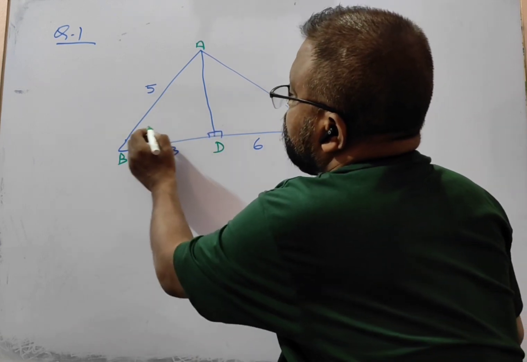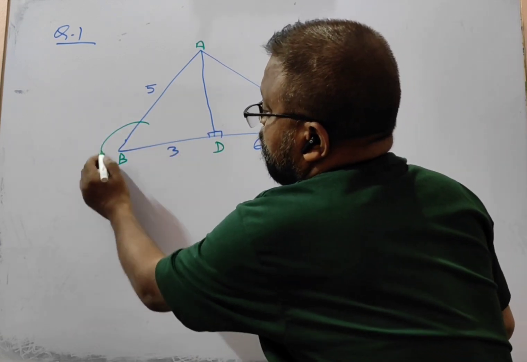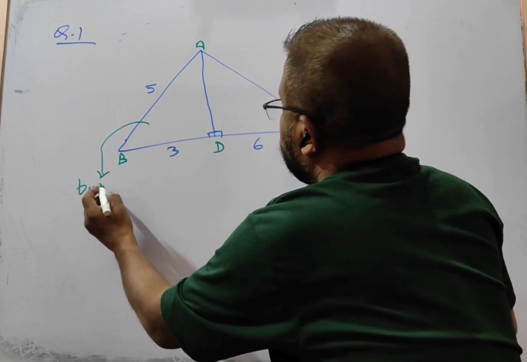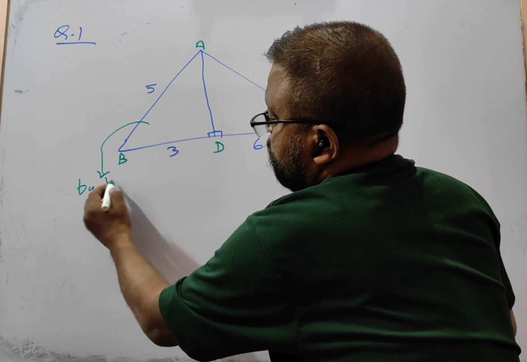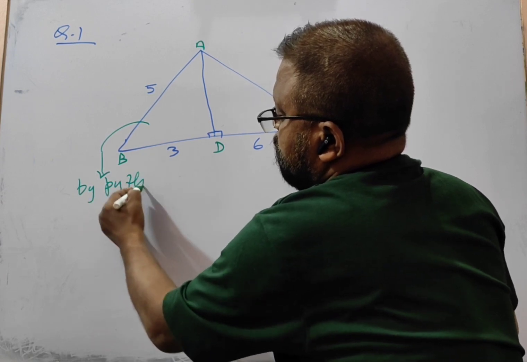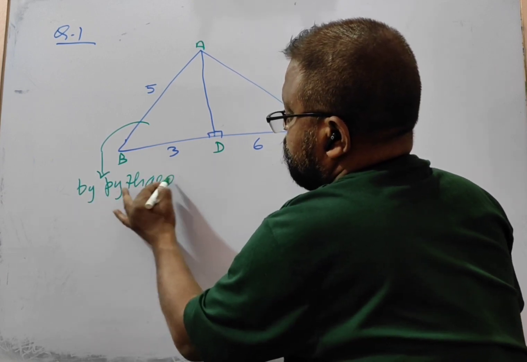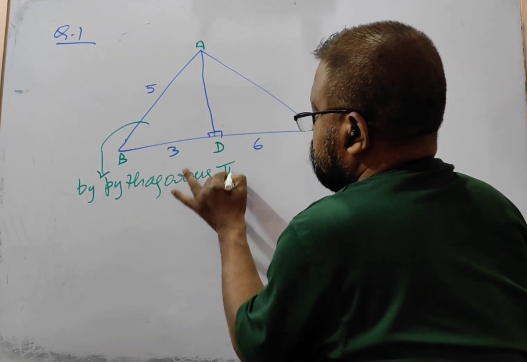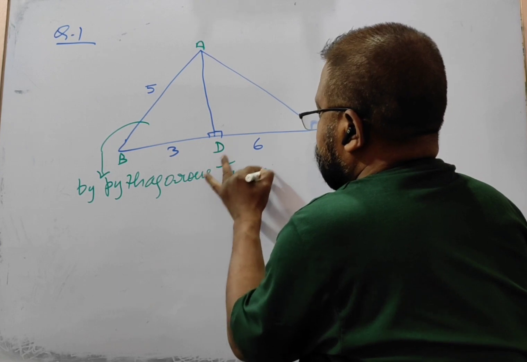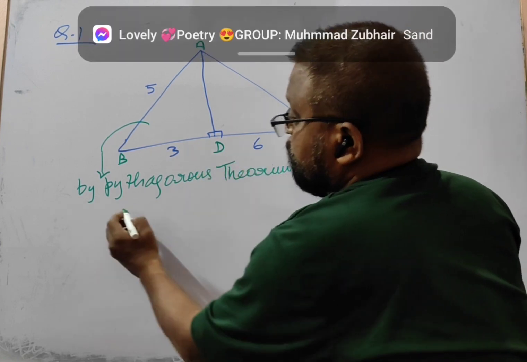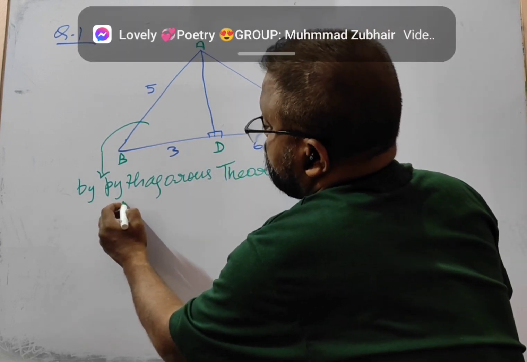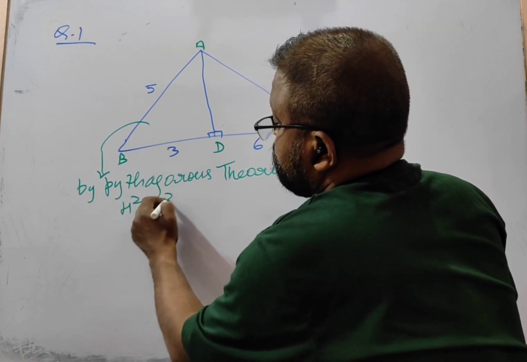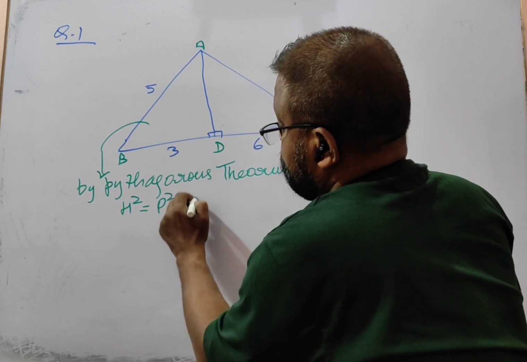So here we apply Pythagoras theorem. By Pythagoras theorem, hypotenuse square is equal to perpendicular square plus base square.